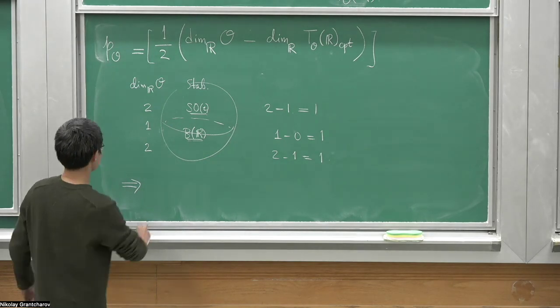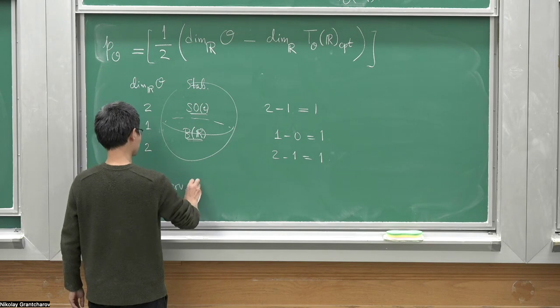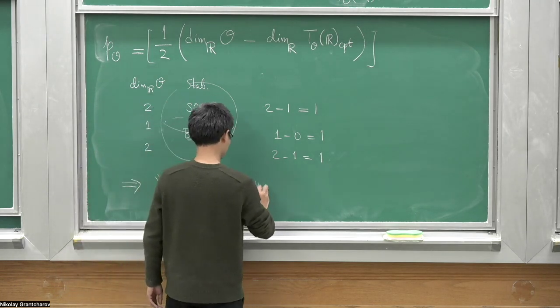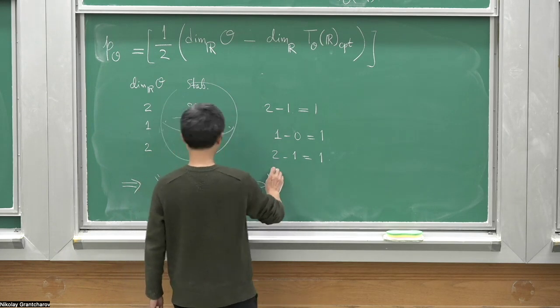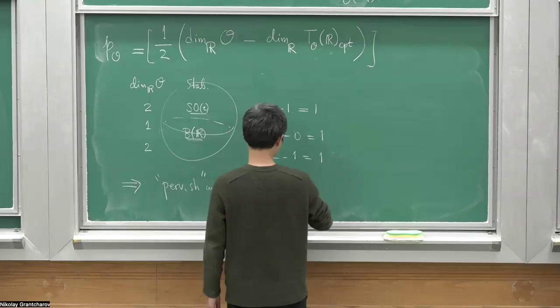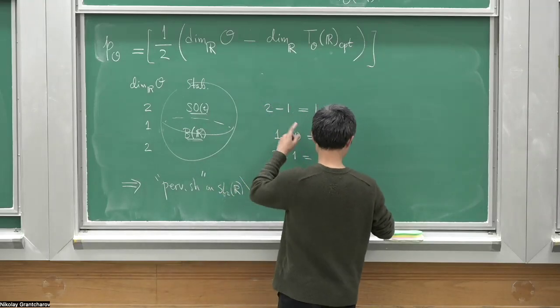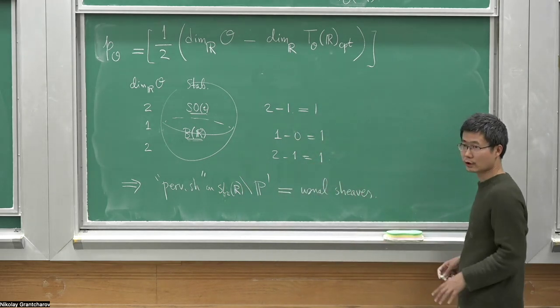So then, in this case, the notion of perverse sheaves for GR, SL2R acting on P1, is the usual sheaves because the perversity function is constant. It's the usual sheaves.